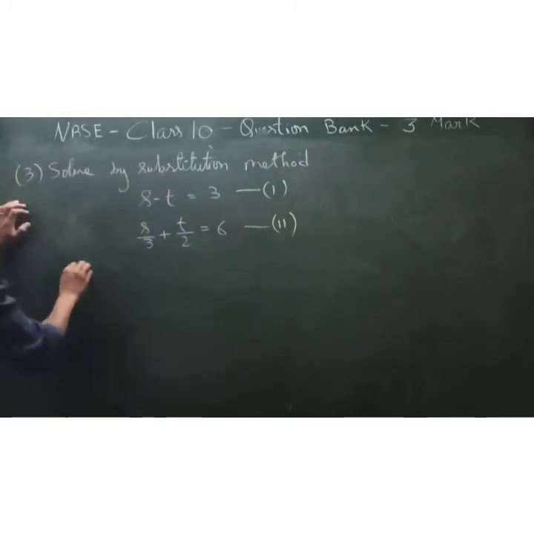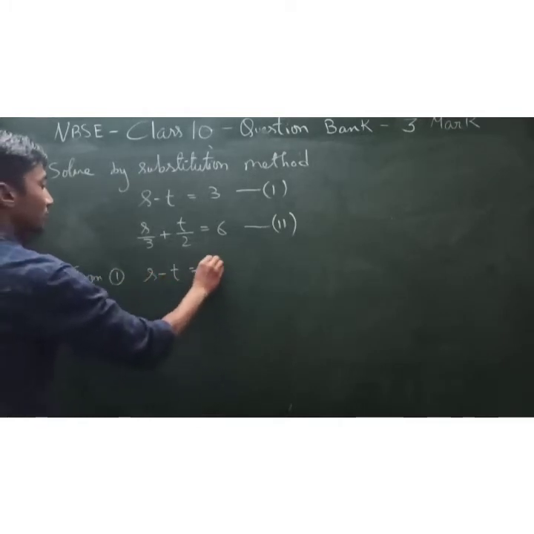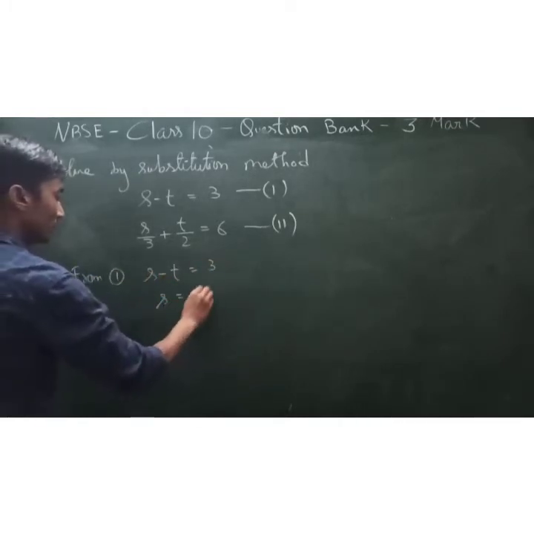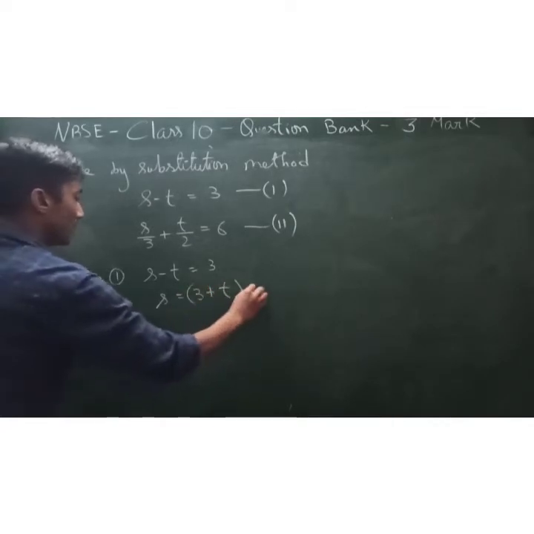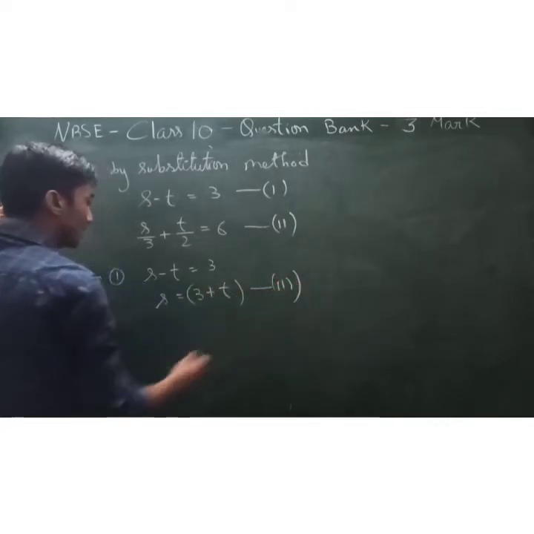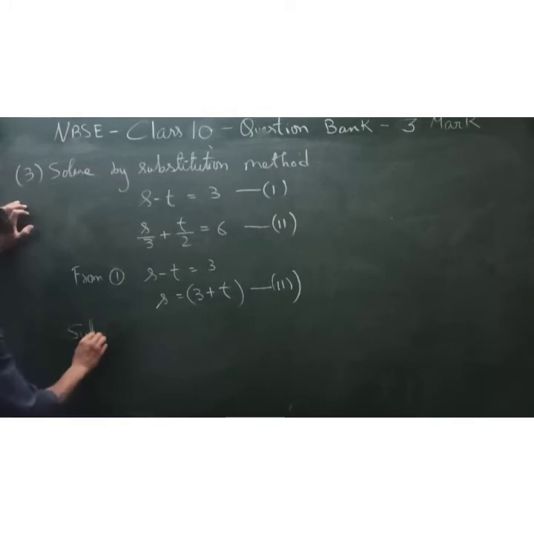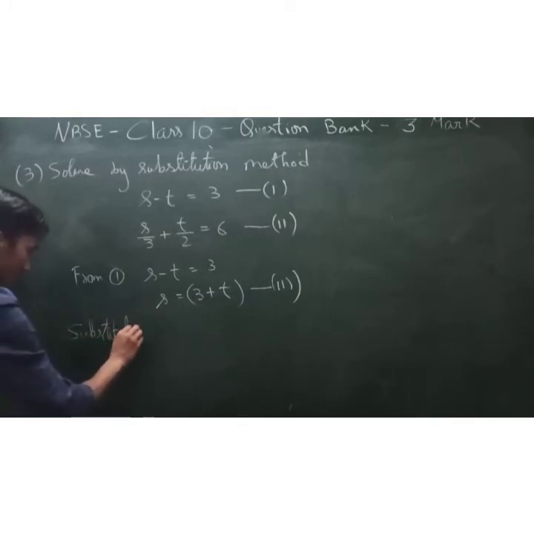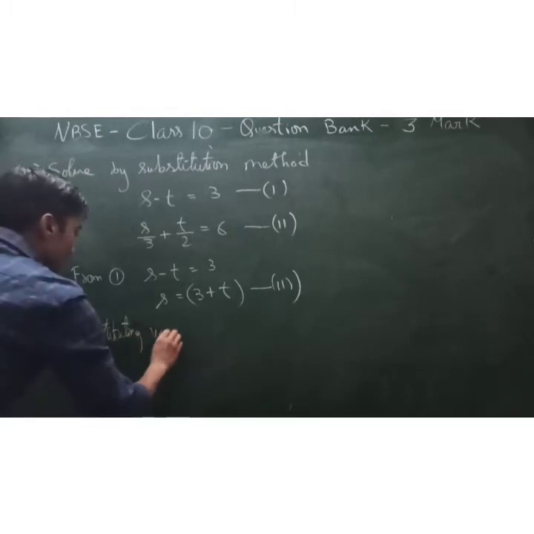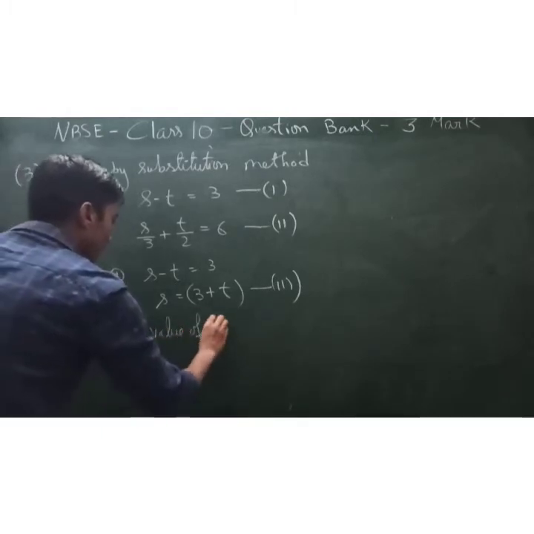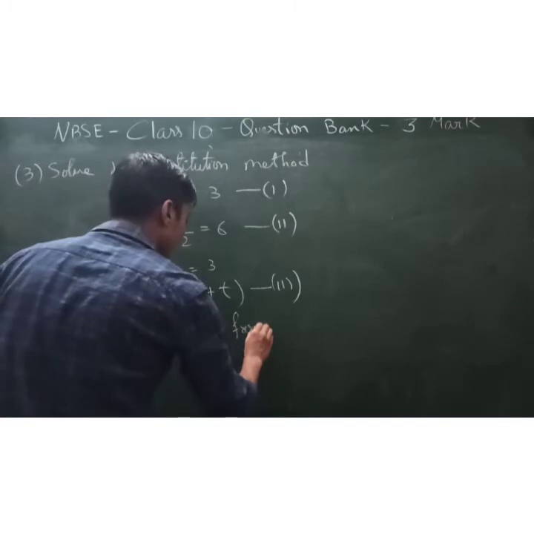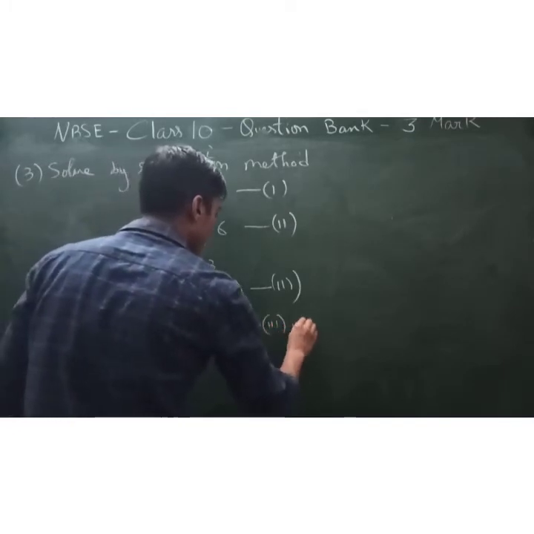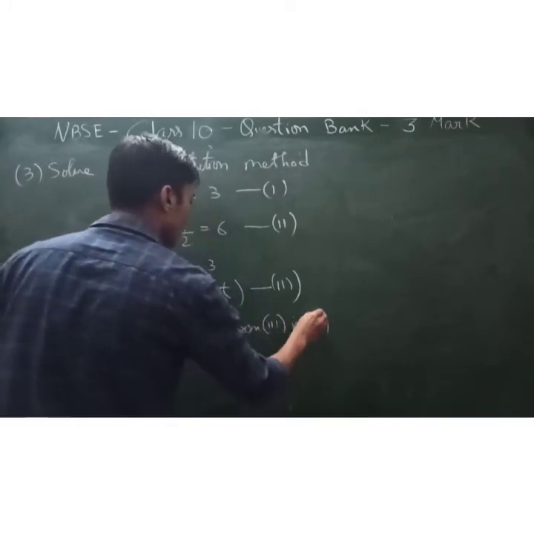Let's begin. From equation 1, s minus t equal to 3. So you can substitute one of the values. So I'll do it for s, that I'll mark as equation 3. Substituting value of s from 3 in equation 2.